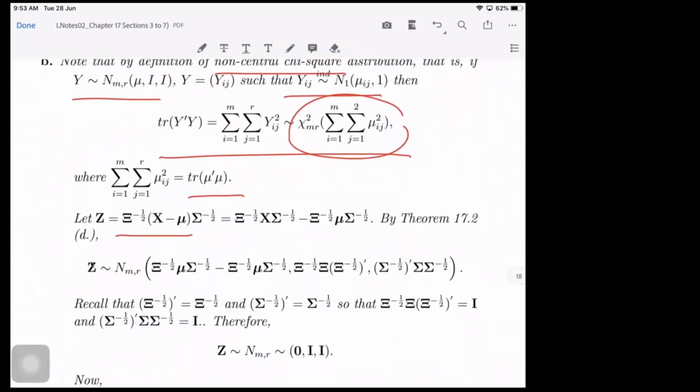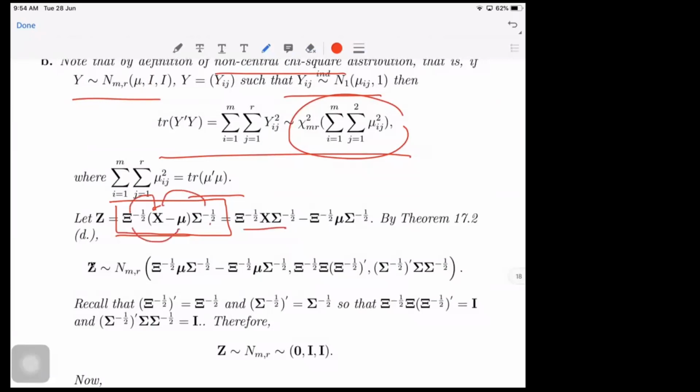So we define this, or equivalently, we distribute it this way, and it looks like this. Okay? And then you have to verify that this form here is normal. That is the assumption, it must be normal.